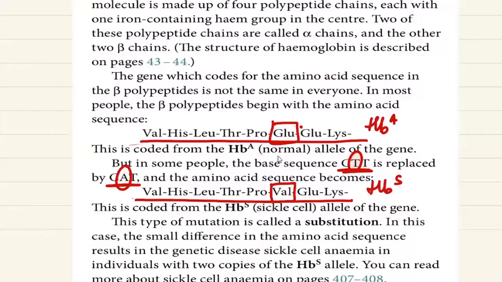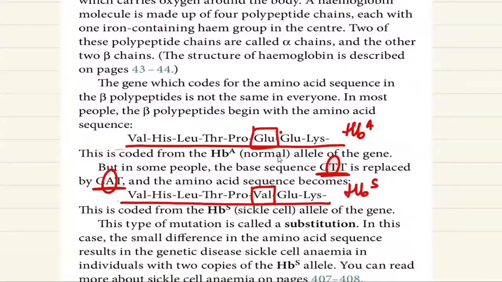Now, this brings us to a new subtopic within the topic of mutation, which is types of mutations. Mutations can be of different types. The first variety that we are doing right now is substitution mutation. Okay, why are we calling it substitution? Because what are we substituting? We are substituting one base with another base, a nitrogenous base.